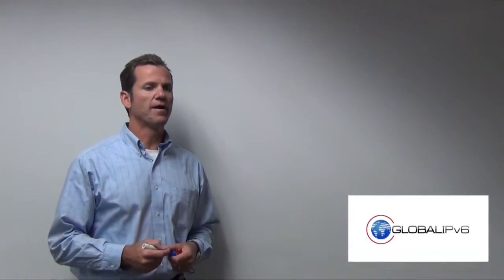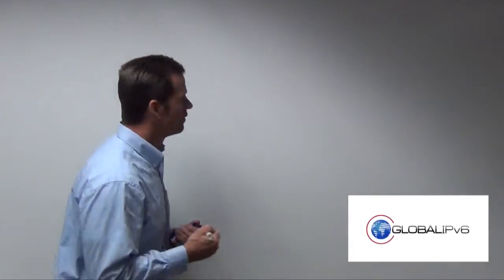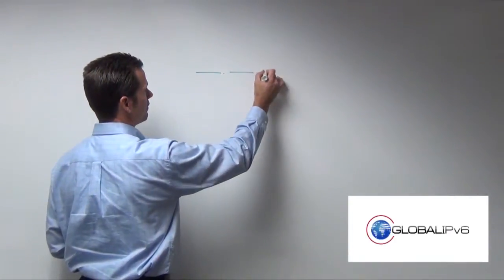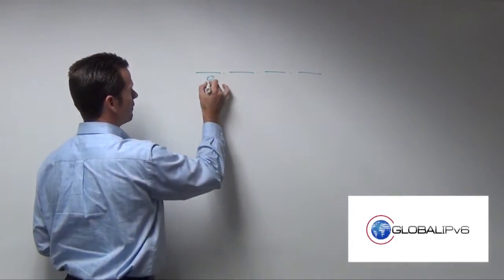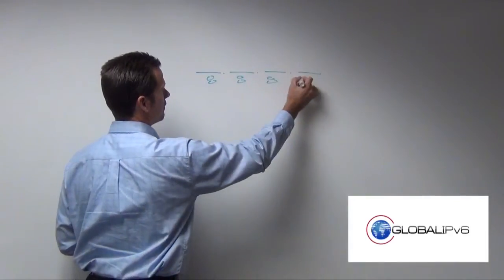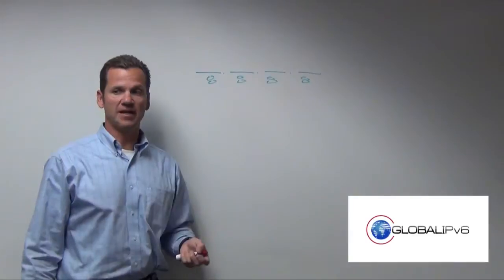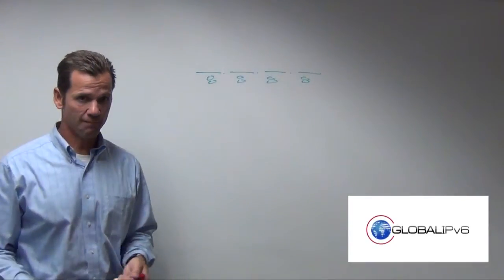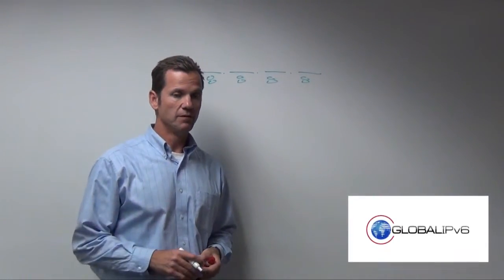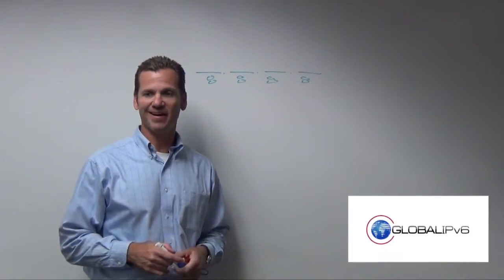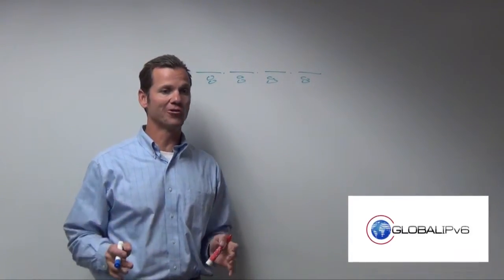So if you currently take a look at an IPv4 address, as you guys know, an IPv4 address is 32 bits in size. So you have 8 bits separated by dotted decimal notation. If you add them up, you've got 32 bits here. Well, IPv6 is just going to be a little bit different than that, a little bit larger than that.